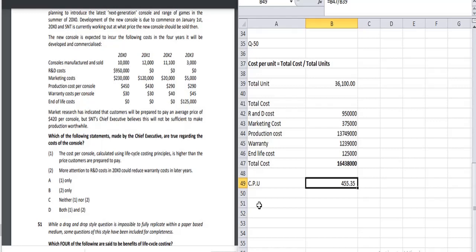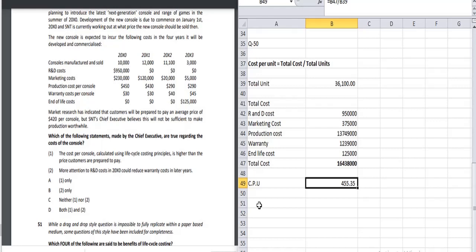Okay, more attention to R&D cost in 20x0 reduces warranty cost in later years. Obviously you can see the very heavy expenditure on the R&D in 20x0. So it means if you are doing good research or planning and designing in the good way, it will improve your chances of reducing the cost incurred in the further years for the warranty.